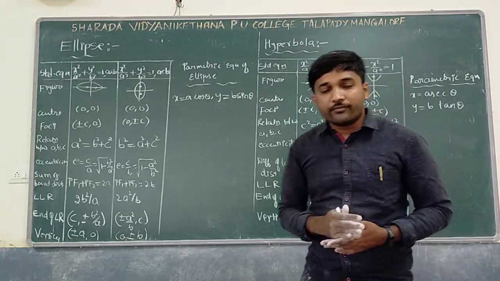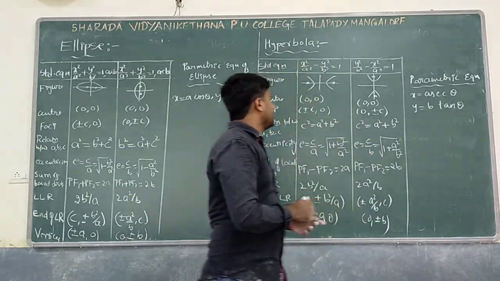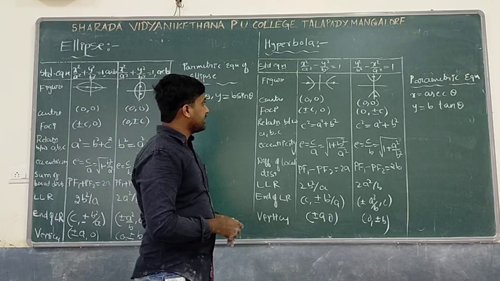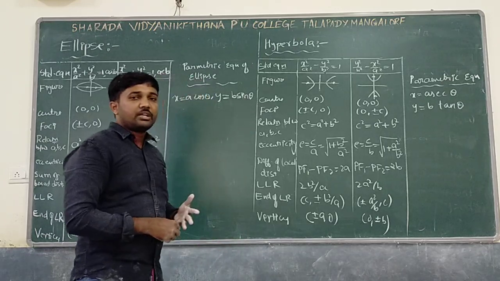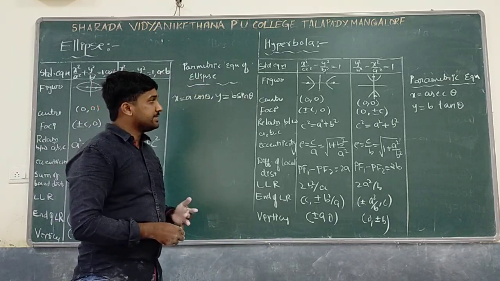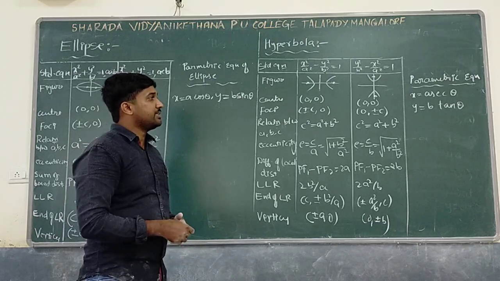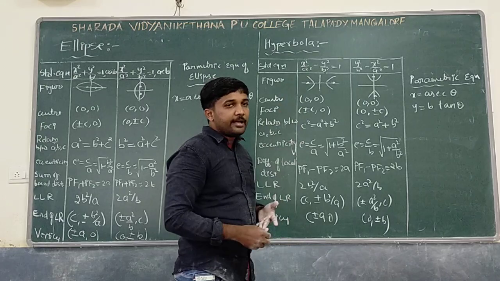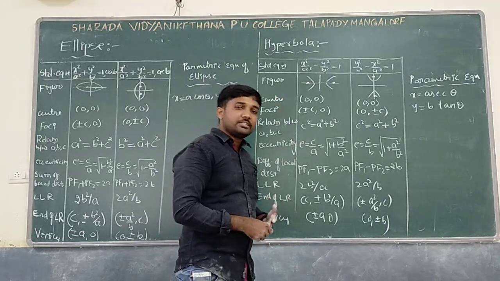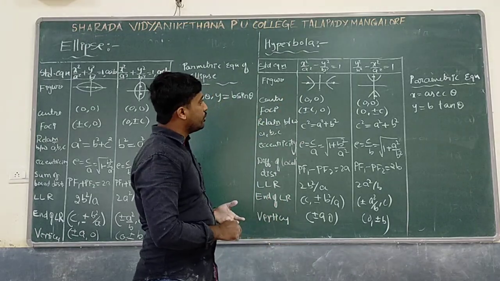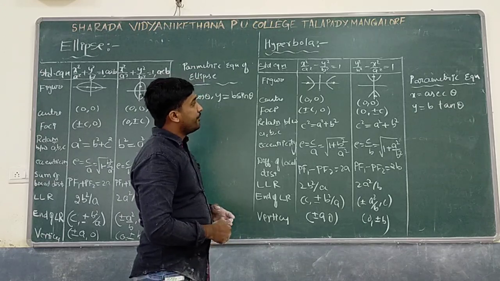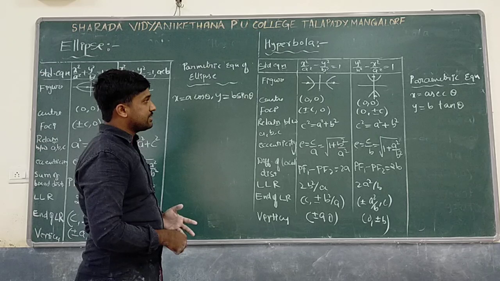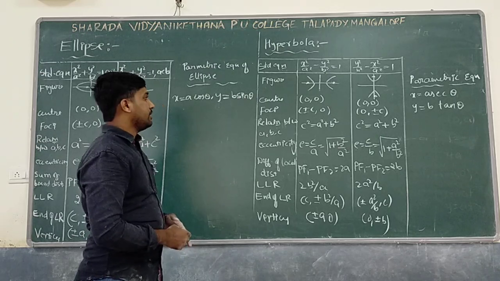Next, the fourth conic is the hyperbola. Here also, like the ellipse, two cases are there. In the first case, the foci of the hyperbola are taken on the x-axis, and in the second case, foci lie on the y-axis. For the first case, the standard equation is x square by a square minus y square by b square is equal to 1, and for the second case, y square by b square minus x square by a square is equal to 1.